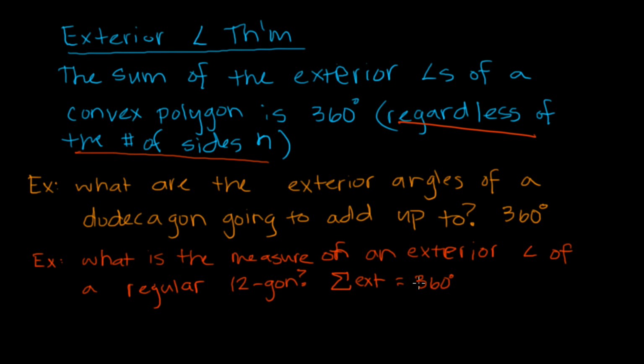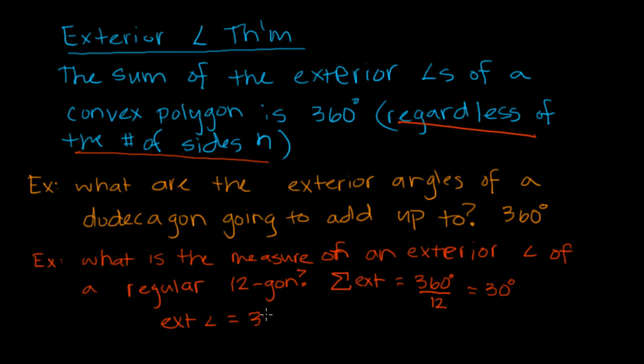So what we do know is that all the outside angles add up to 360, and since this is a twelvegon, we now know that if we divide this by 12, it will give us every single exterior angle. All the exterior angles are all going to be 30 degrees.